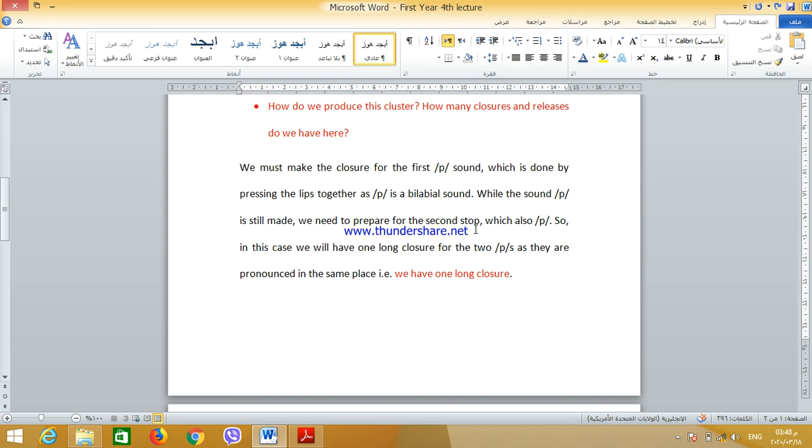So what do we need to do here? All what we need to do is to keep our lips together for a long time. Okay, that's why we will give the closures for the two stops, but in one long closure. So in this case, we will have one long closure for the two p sounds.